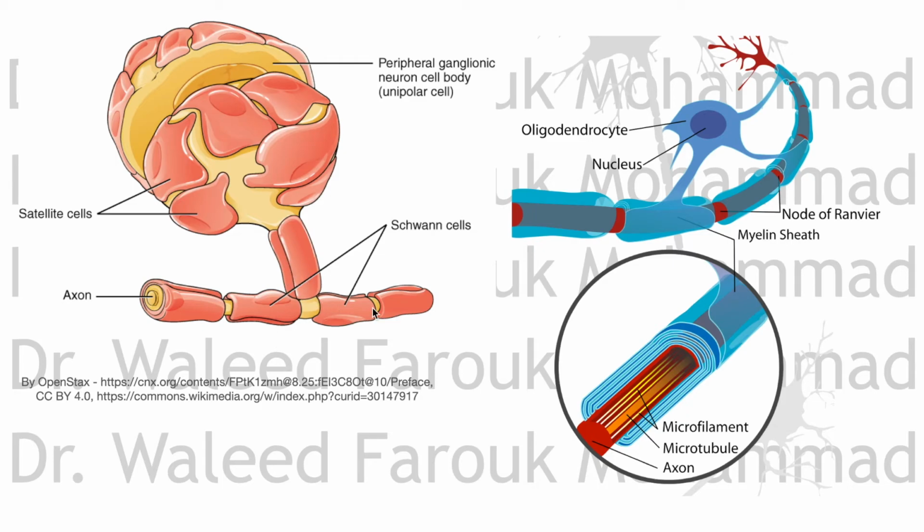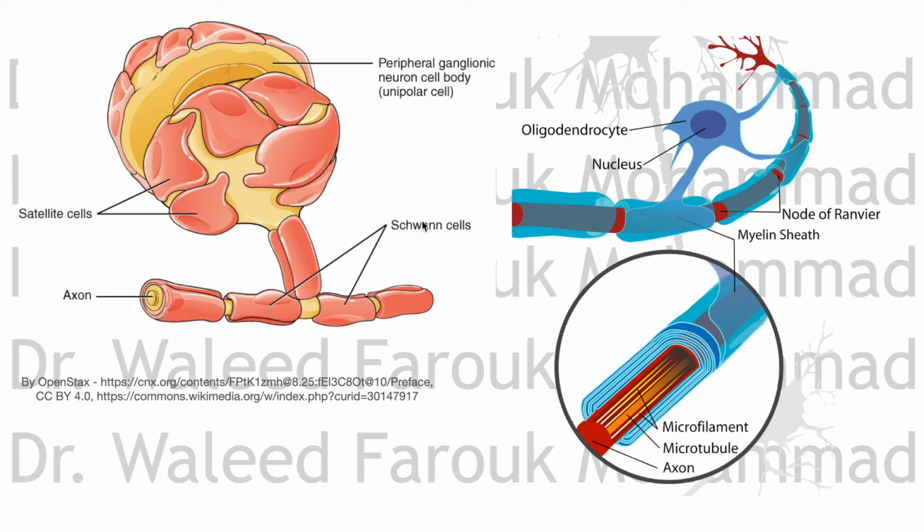This is an example of Schwann cells myelinating a nerve fiber that belongs to the peripheral nervous system. These are other types of cells called satellite cells around ganglia that support and supply nutrients to the cells of the ganglia. These are the myelinating cells of the central nervous system called oligodendrocytes.